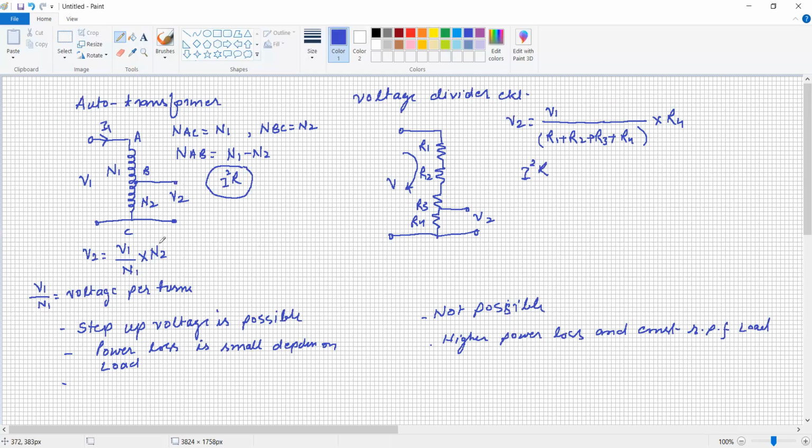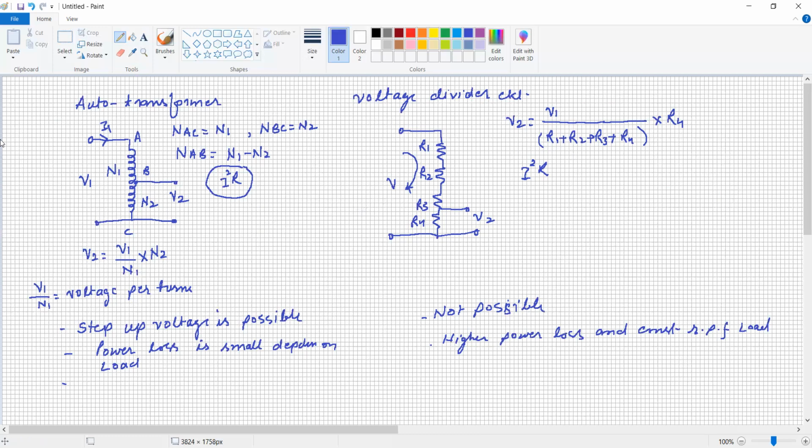The next advantage, one more advantage we can find out. So these are the advantages of an auto transformer over a voltage divider circuit, isn't it? This is some basic idea for understanding the difference between a voltage divider circuit and an auto transformer.